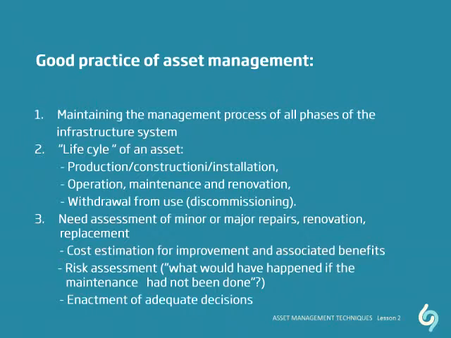Needs assessment of minor or major repairs, renovation, replacement is feasible if cost estimation for improvement and associated benefits are defined, and risk assessment is completed when the question "what would have happened if the maintenance had not been done" is answered. Only after the implementation of these activities and adequate information acquired is it possible to enact adequate decisions on infrastructure asset maintenance.